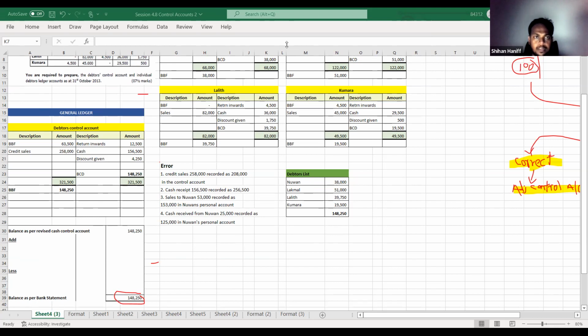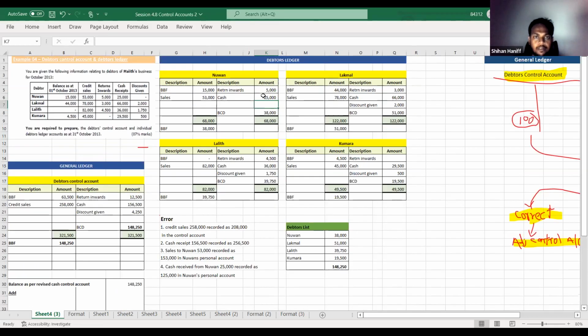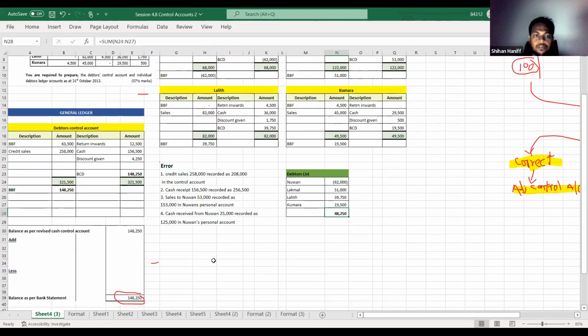Yes, it goes to the reconciliation. Let me explain. Cash received from Nuwan 25,000 recorded as 125,000. If you record it as 125,000, this will reduce the balance, so here it's 148, minus 100,000. Then only you get this balance.